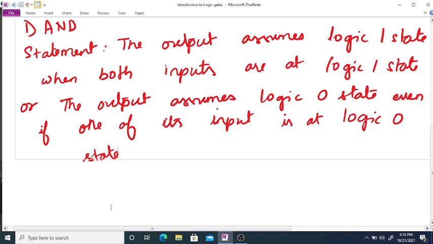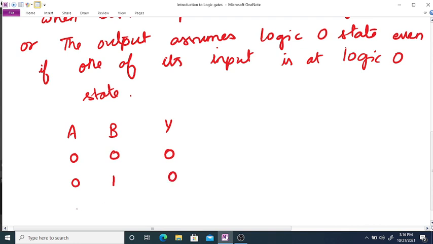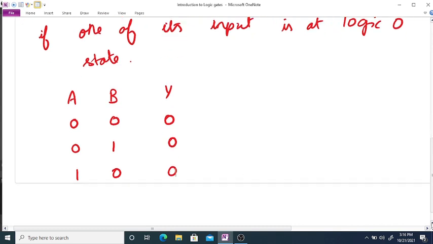So, if we see the truth table for AND gate, if A and B are inputs and Y is output, then the truth table will be 0, 0, output will be 0; 0, 1, output will be 0; 1, 0, output will be 0; and lastly 1, 1, output will be 1.